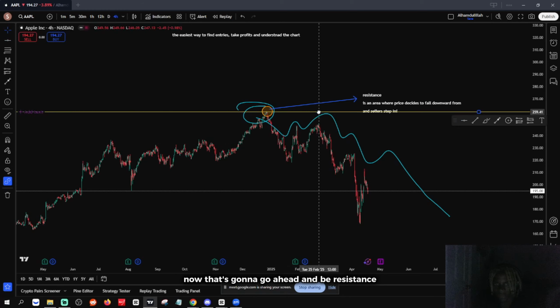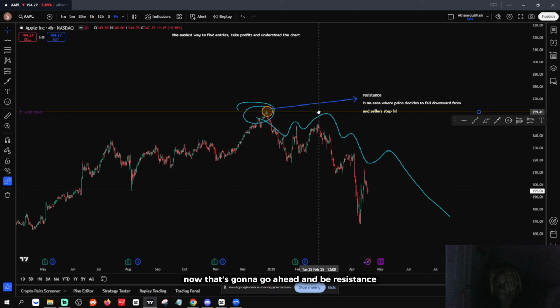And there's going to be something opposite of resistance. Okay? Once again, the market can only go one of two ways. So after market decides to bottom out and go in an upward direction, right? Just as we see here, market decided to come in contact with the yellow and then trickle upward.